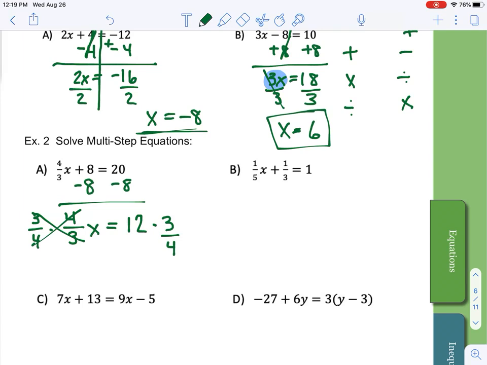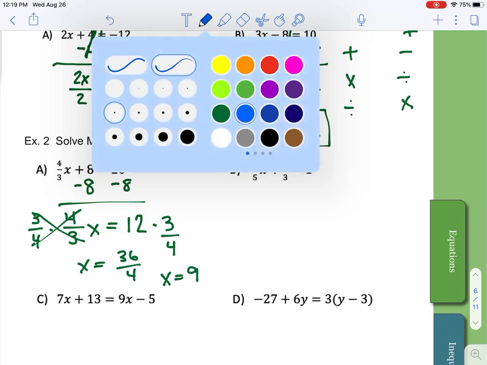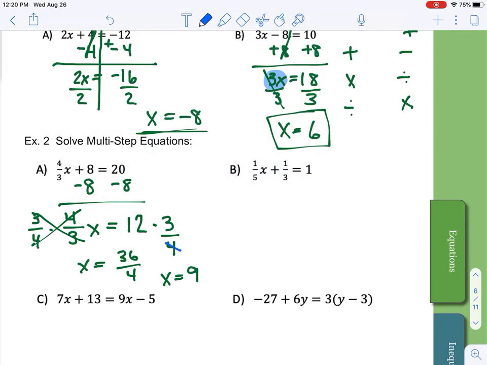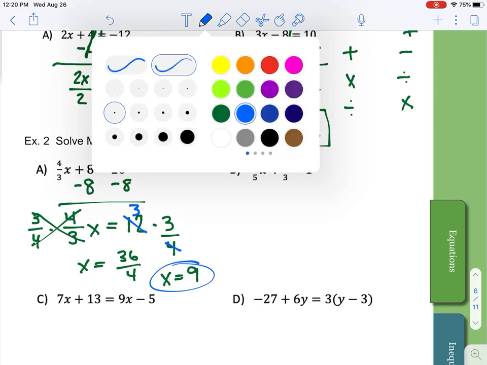And these cancel out to 1, so we now have x equals 36 over 4, or x equals 9. If you prefer to not multiply across to start and go ahead and reduce instead, we will still get the solution x equals 9.